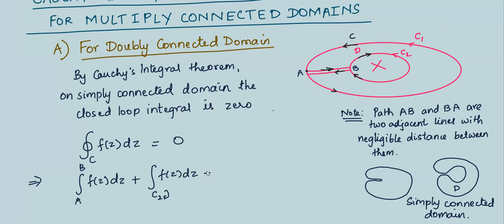Then plus the integral from B to A of f of z dz. So A to B, then clockwise around C2, then B to A, then anti-clockwise along C1.